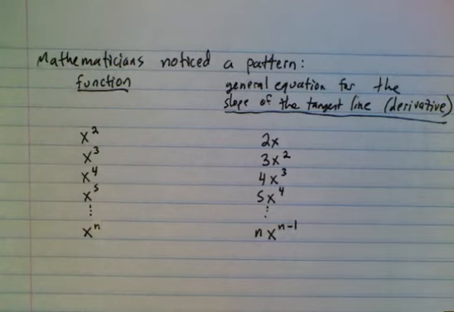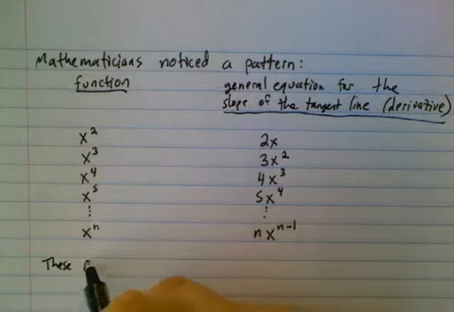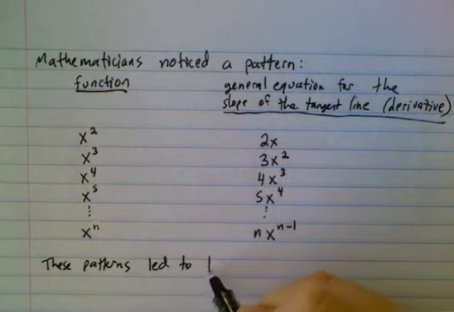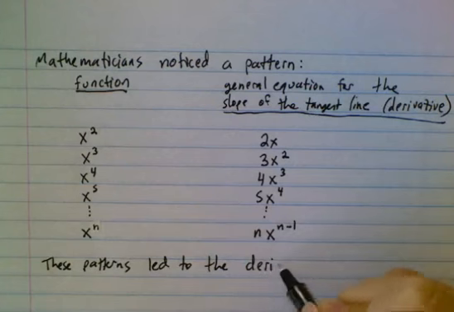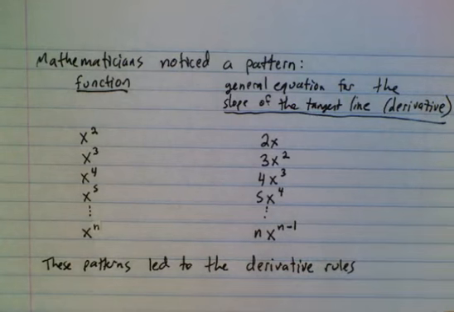And these patterns led to the derivative rules that are the focus of this unit. Notice how much easier this is than going all the way through the limit definition.